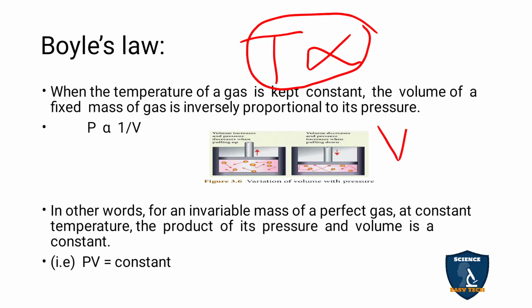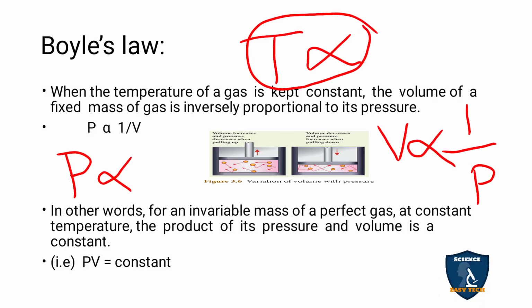That is, V is proportional to 1 by P. This can be written as V is inversely proportional to pressure, or, like this also, P is inversely proportional to volume.